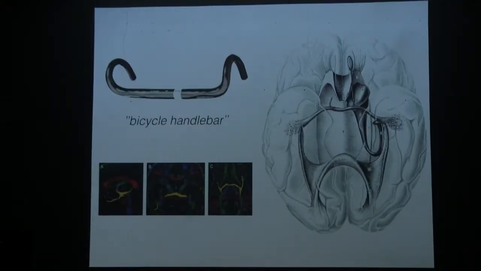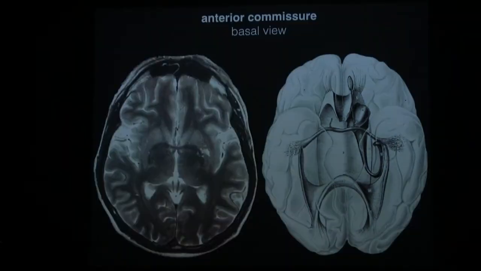This is a view from below in which you can see how it's centered in the basal aspect of the hemisphere and is connecting mainly the temporo-occipital regions on both sides, and also, as we will see right now, it has some connections to the temporomesial regions, which are the important ones in phylogenetic terms. So it has been described as a bicycle handlebar, because in this tractography, it has the same shape as a bike handlebar.